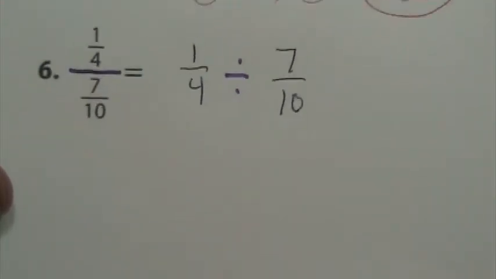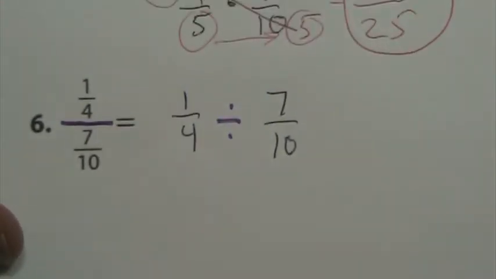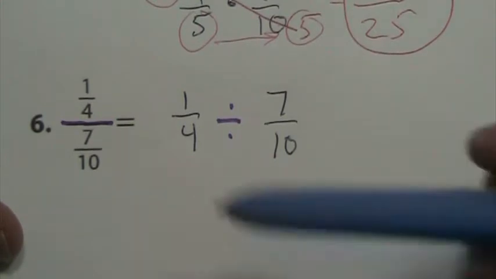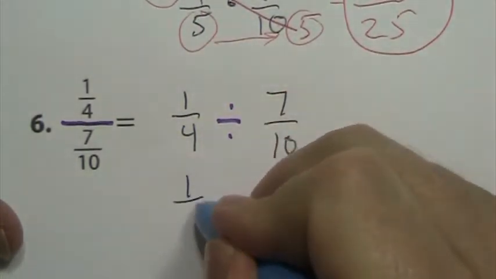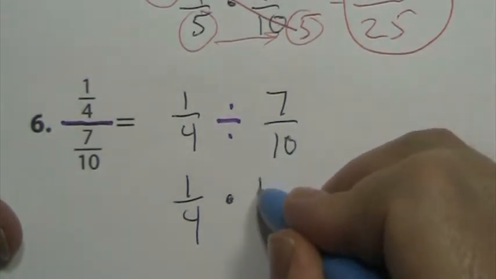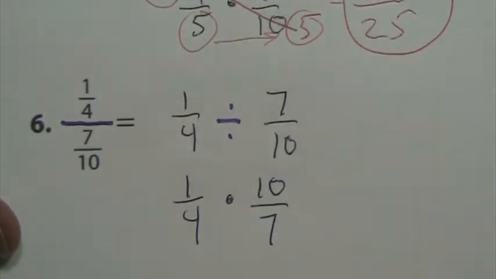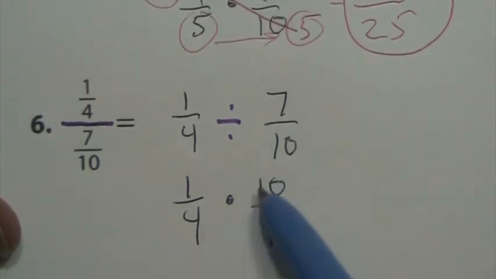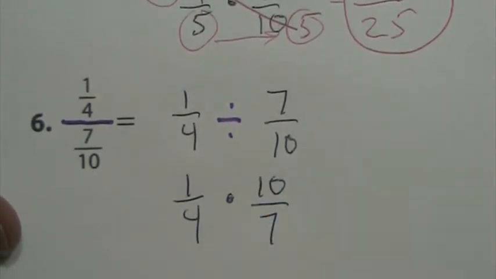Number 6. Okay, keep it. Keep this. Change it. You're going to multiply by the reciprocal. Oh, you know what? I have the 4 and 10, just like the other problem I had.